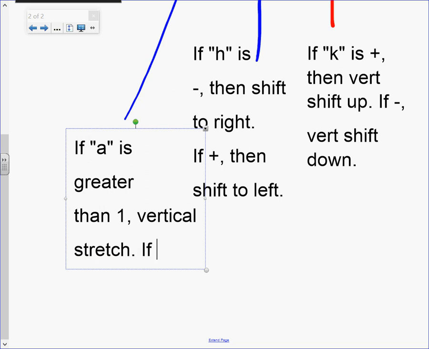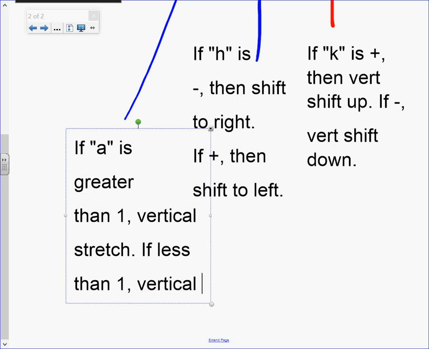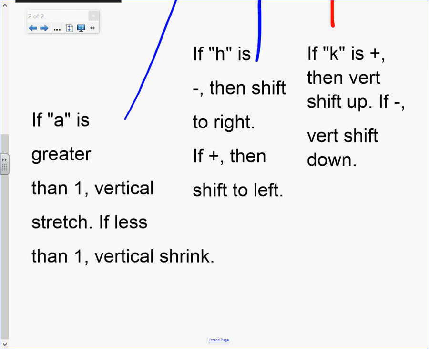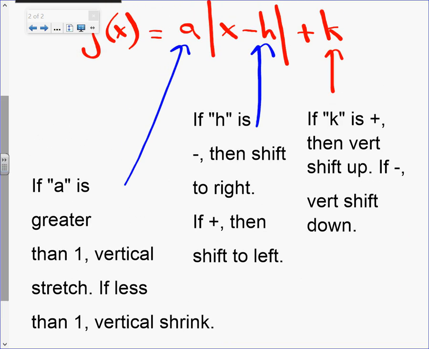If less than 1, vertical shrink. There we go. There's your summary.